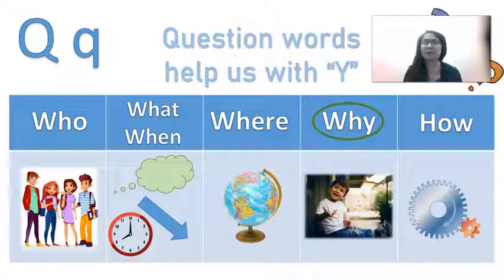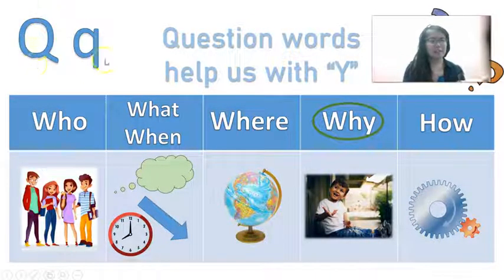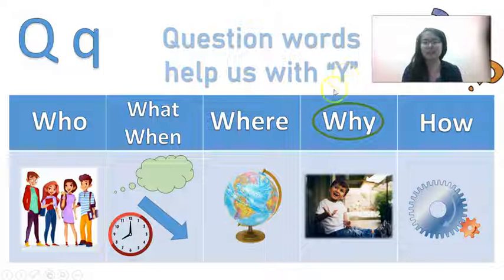So, this is a good example of the distinction between the letter names and the letter sounds. Remember, you need to know the name of a letter. When I ask, what letter is this? You say, oh, it's Q. Or, what letter is this? Oh, it's a Y. What letter is this?